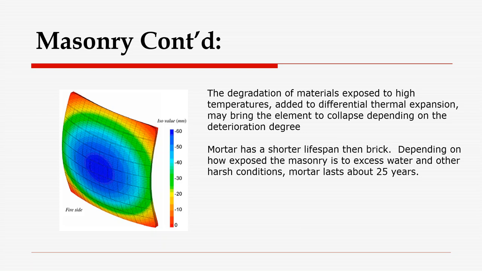A little bit more about masonry. So this is again based on research that I did on this, was that degradation of materials exposed to high temperatures added to differential thermal expansion, which may bring the elements to collapse depending on the deterioration of age. So temperature, and this is not something that you don't understand. This is something common.